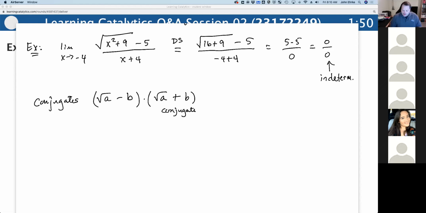If you multiply a term by its conjugate, something very nice happens. The square root cancels. If you FOIL this out, square root of a times square root of a is the square root of a squared, which is just a.